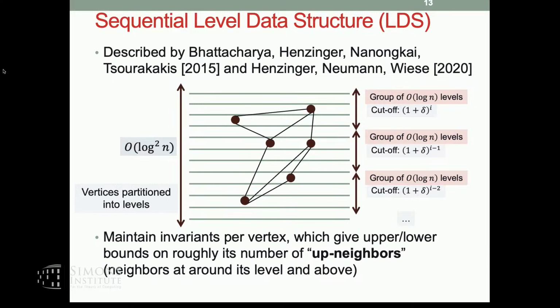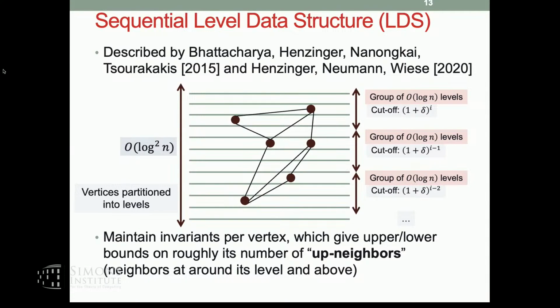And what we want to do is maintain certain invariants per vertex. These invariants have to do with the up neighbors of a vertex. An up neighbor of a vertex is roughly defined to be the neighbors of the vertex at its level or above in the data structure. There are some technicalities which I don't want to get into, but basically you can just imagine the up neighbors to be vertices at the same level or above it in the level data structure.